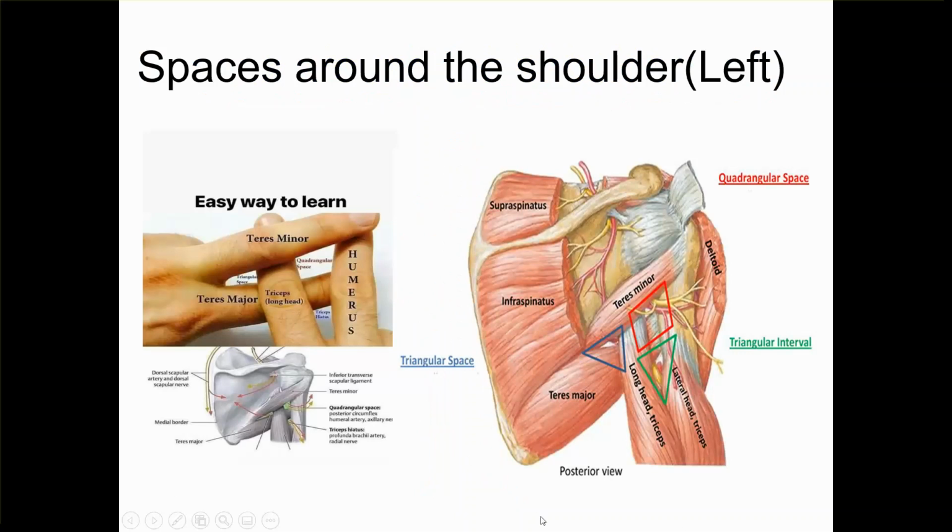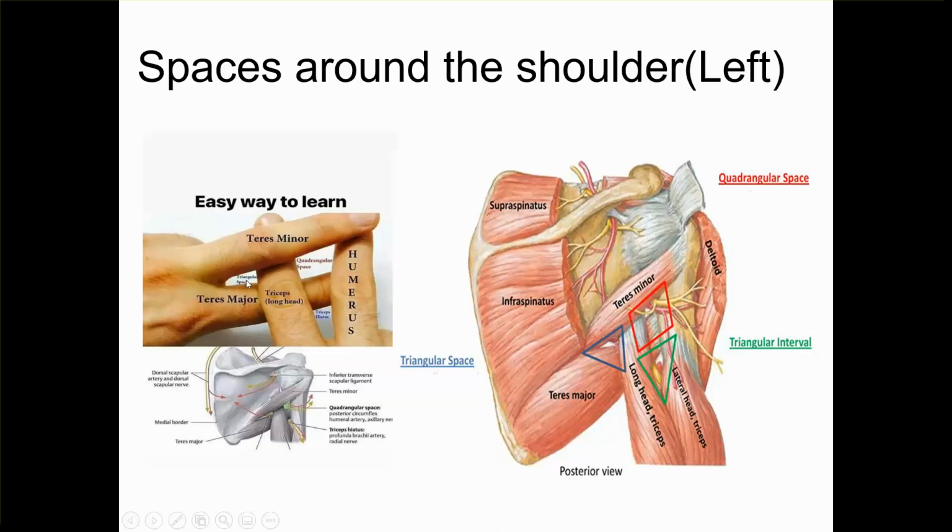It's quite important. So very easily you can make your hand and use your fingers to identify the spaces. Imagine that this is the humerus and this is the long head of triceps, and the other two fingers you need to make as teres minor and teres major.